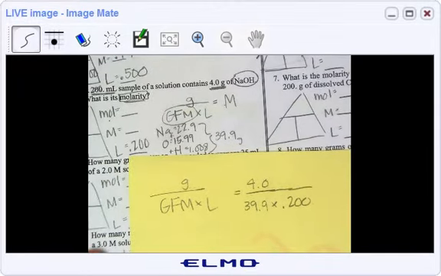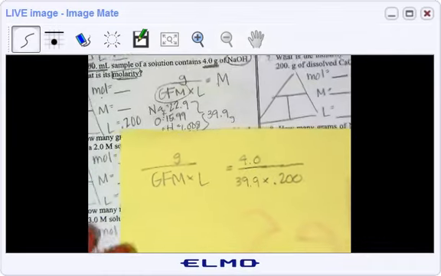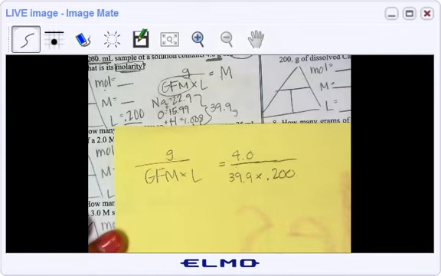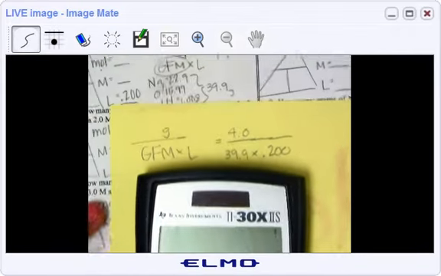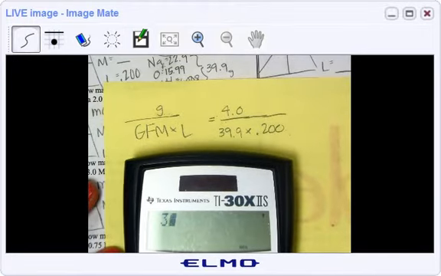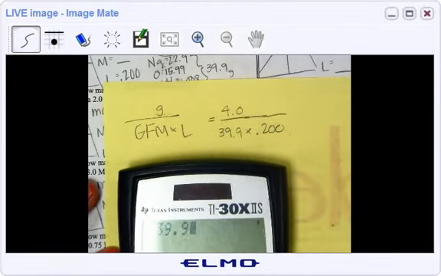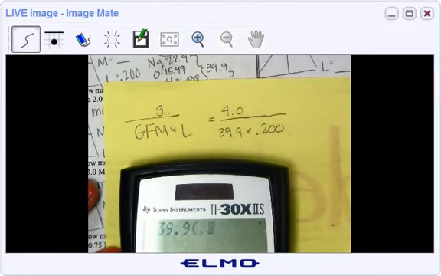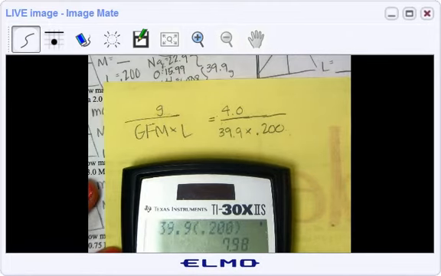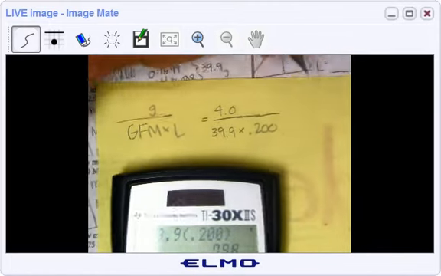I like to do things in steps, so of course I'm going to multiply the bottom first. I'm going to type in my calculator 39.9 times 0.200. Okay, that gave me 7.98.